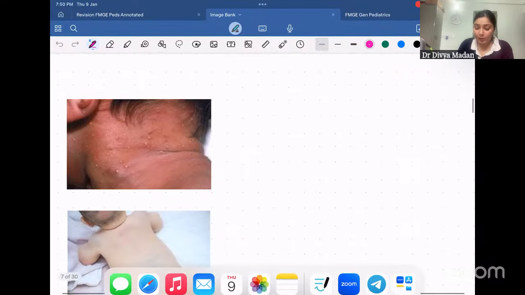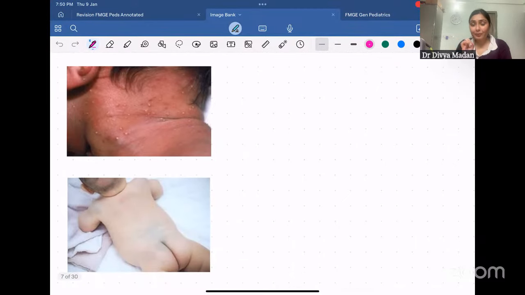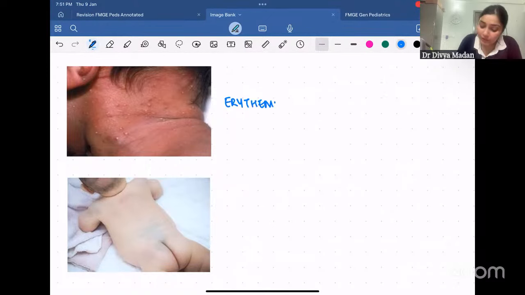You can see small whitish dots like lesions with erythematous base, usually seen over the face, neck. If you take biopsy of these lesions, they are filled with eosinophils. What are these lesions? This is nothing but erythema toxicum, which is a benign condition. We don't need to worry about this condition, right?